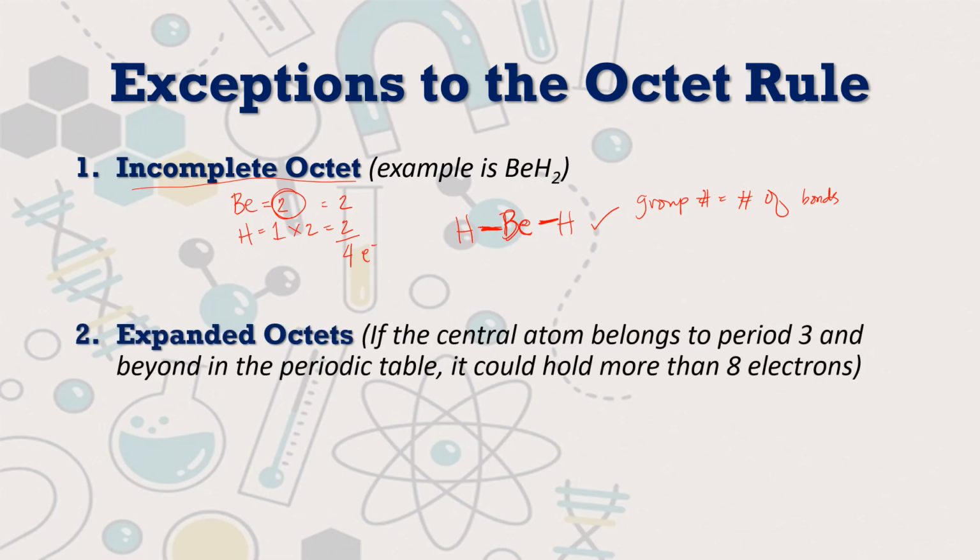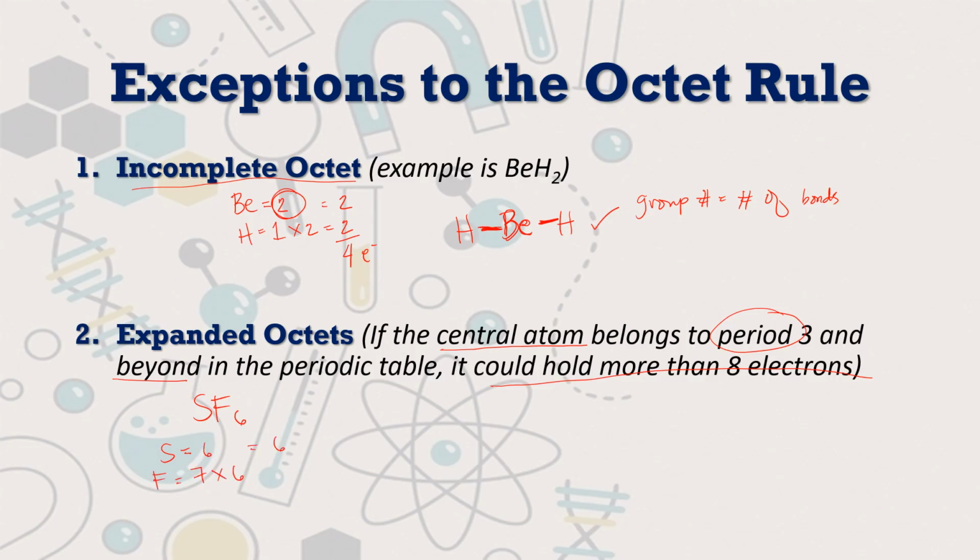Another exception, the complete opposite of incomplete octet, is the expanded octet. If the central atom, take note, belongs to period 3 and beyond in the periodic table, or periods 3, 4, 5, 6, and 7, it could hold more than 8 electrons. Let's take SF6 as an example. Sulfur belongs to group 6 and fluorine belongs to group 7 times 6.